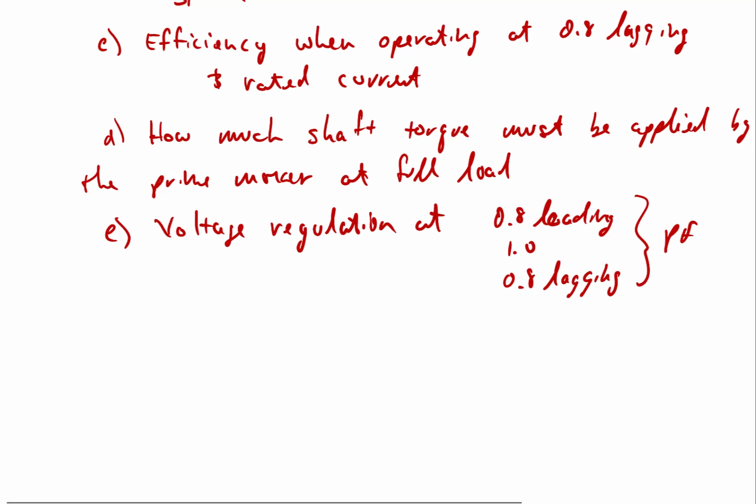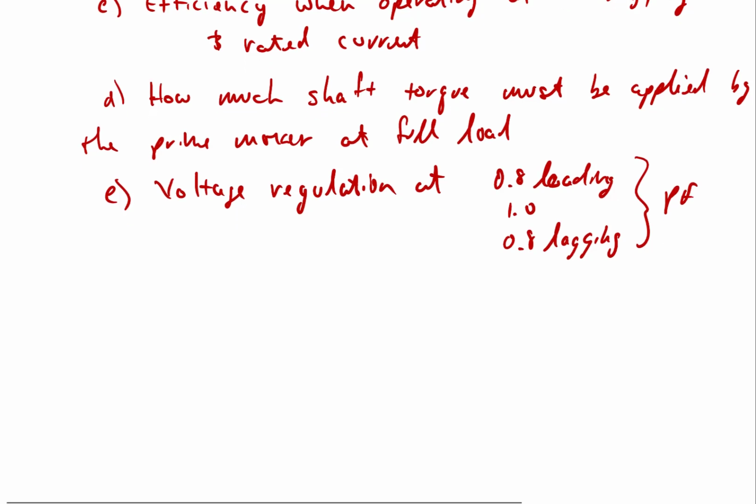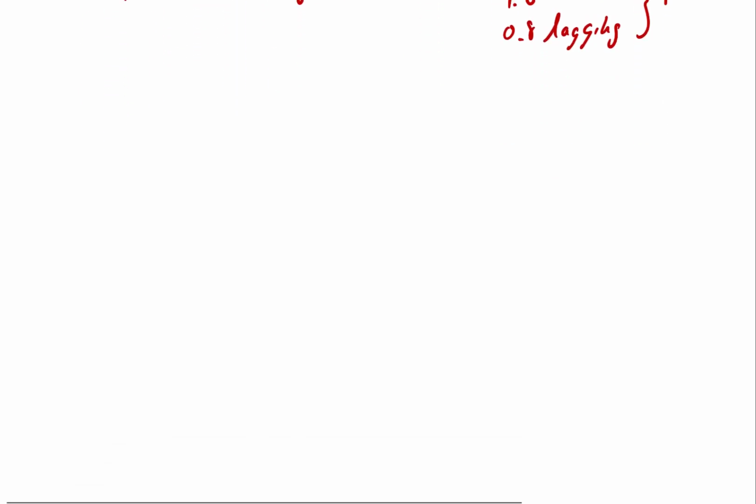Okay, so first let's figure out some general things that are going to help us with the problem. So we know the generator is Y connected. So since it is Y connected, the phase voltage V phi is going to be equal to the terminal voltage divided by the square root of 3.